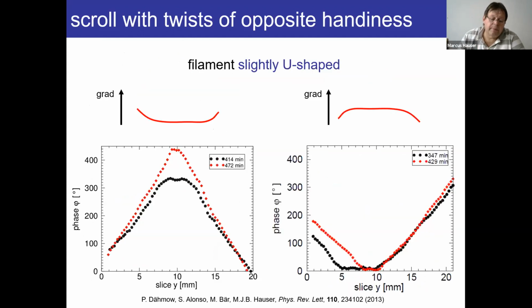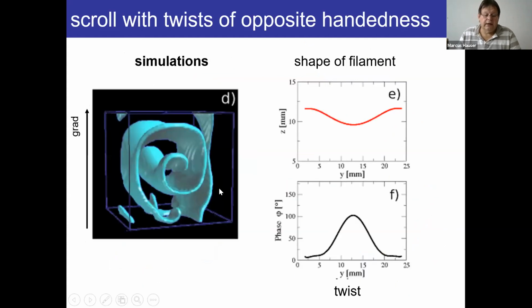And depending on the way this filament is oriented with respect to the gradient, it's the same situation, but we have either a decrease or an increase of the phase at the nodal plane. So this kind of thing exists in slightly U-shaped filaments. They can be calculated like that. Here you see the filament will be here. You see that they have two twists of a different handedness.